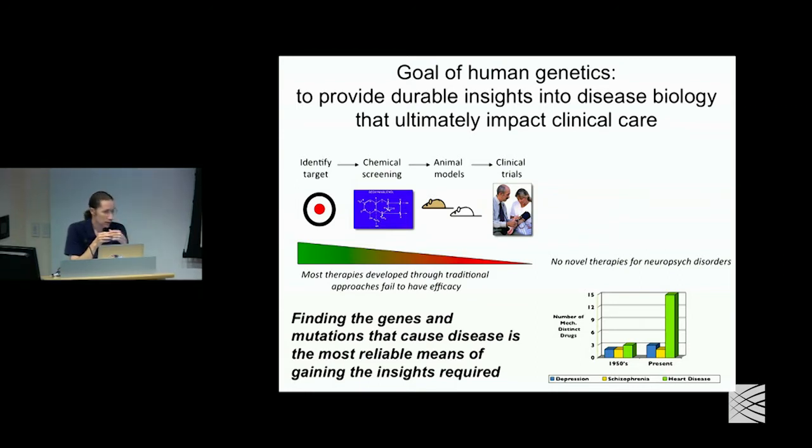So finding and understanding the genes and mutations that underlie disease might, in many cases, be one of the most reliable opportunities we have to gain that fundamental biological insight. In some cases, for example in neuropsychiatric disease, it may be one of the only ways, because unlike cancer, there's no tumor to cut out and study.